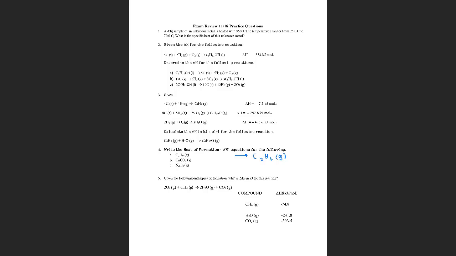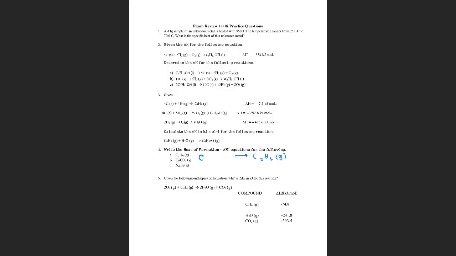So then on the reactant side, like you said, we're going to use our composite elements, or the elements in their standard states, to write the reactant. So, like you said, it's going to be carbon and hydrogen because that's what's in our product. So, let's write carbon.